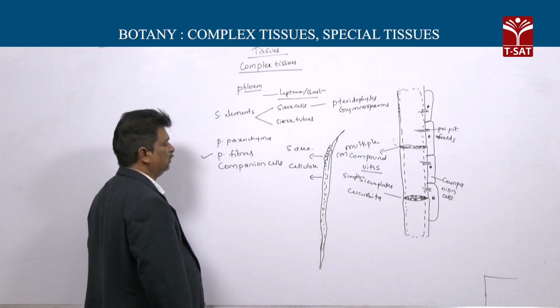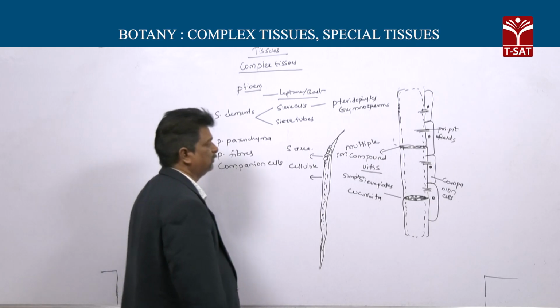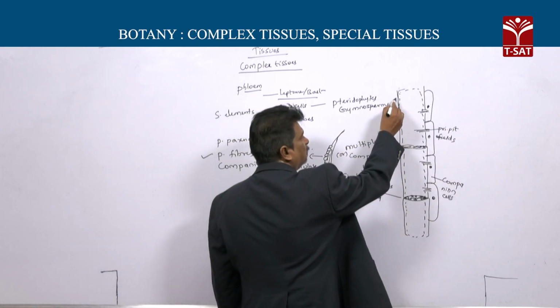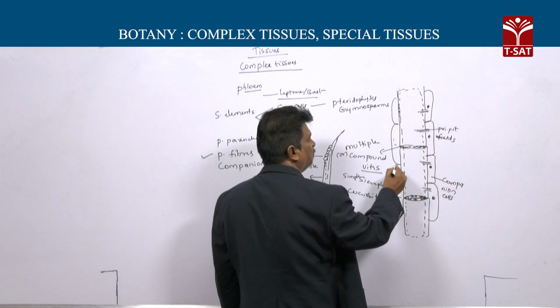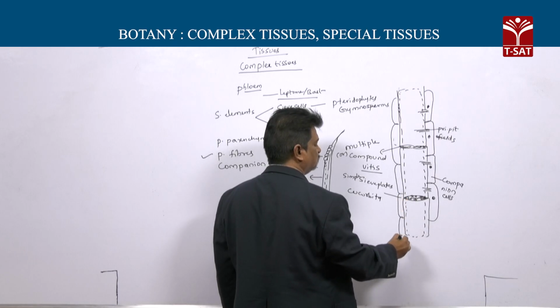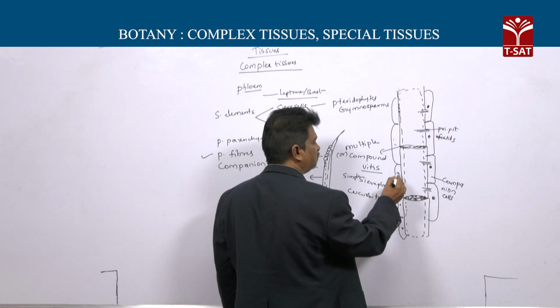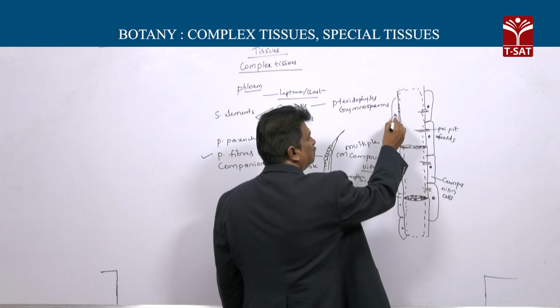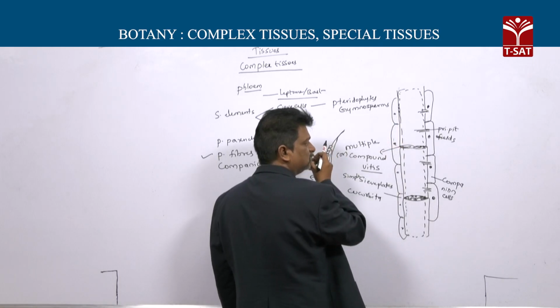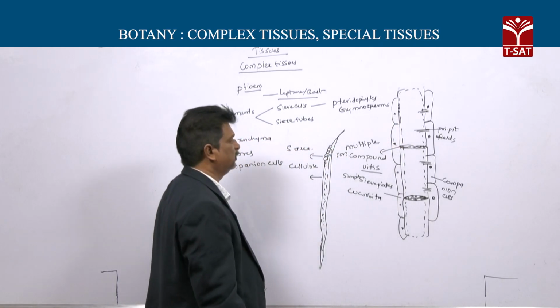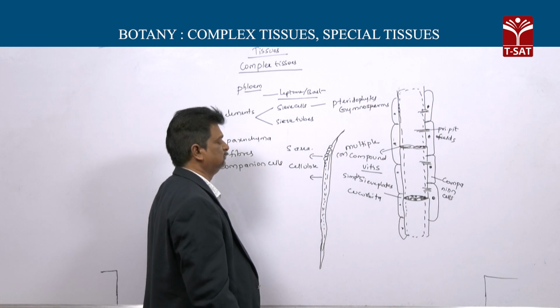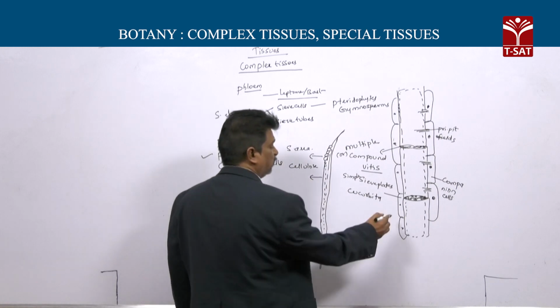The next one, phloem parenchyma. Like xylem parenchyma, even phloem parenchyma is of two types. One is axial parenchyma, arranged in vertical rows, present in primary phloem and secondary phloem.